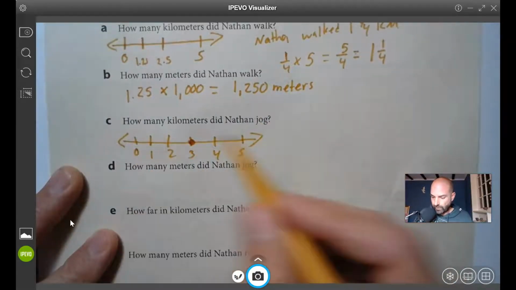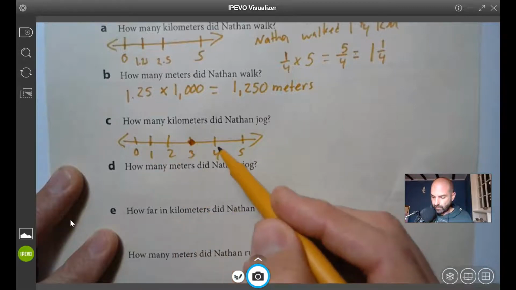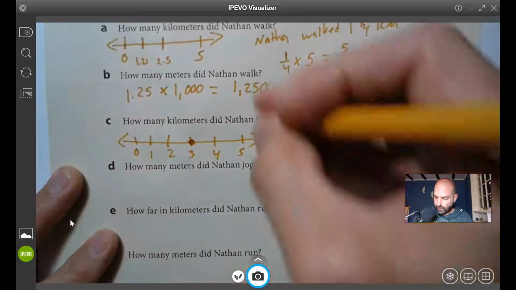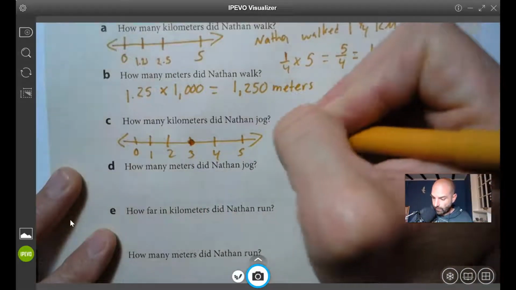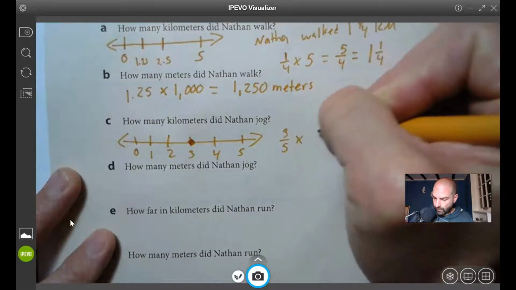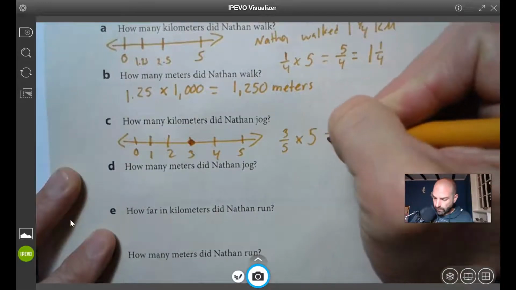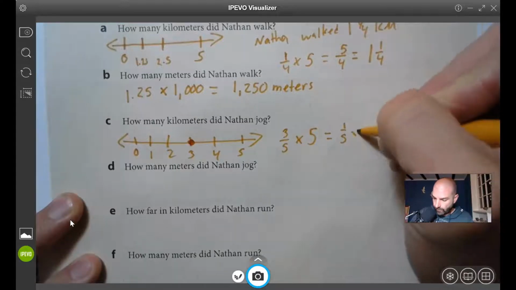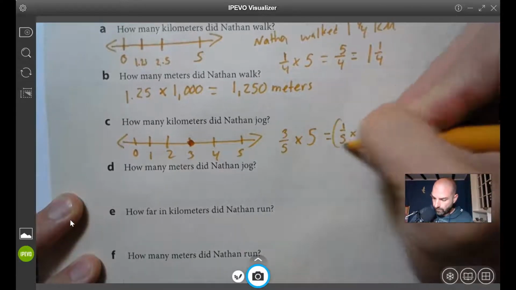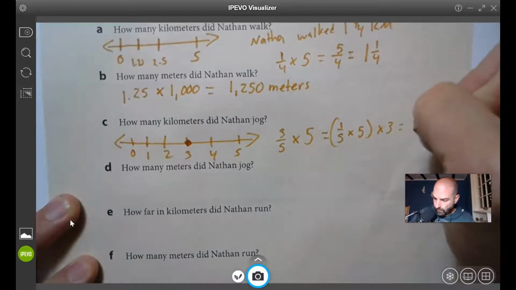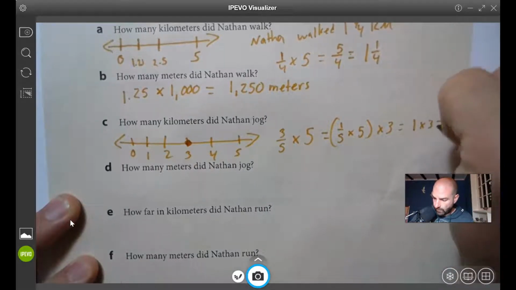If we split this whole thing into fifths, 1, 2, 3, 4, 5, there's our 5 fifths as a whole, and then 3 of those fifths is 3 kilometers. Let's see if that works out with our numbers as well. 3/5 times 5 kilometers equals, you do 1/5 of 5 times 3, which equals 1 times 3, which equals 3.